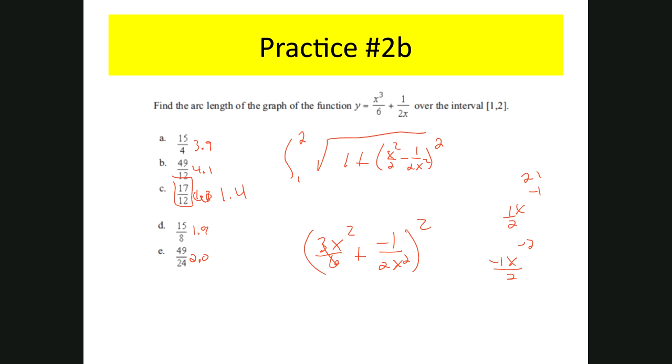How can you get two different answers? I'm struggling with knowing where to put parentheses when I'm putting it into my calculator. Yeah, and that is especially true, you've got that square root, the 1 plus, and then you have parentheses, squared, parentheses.